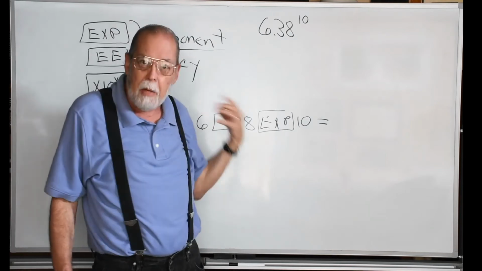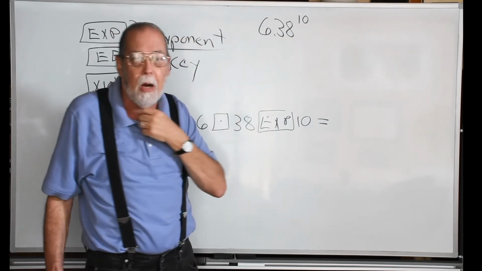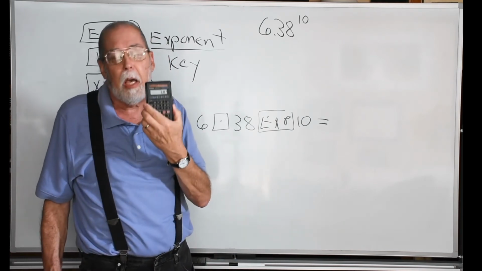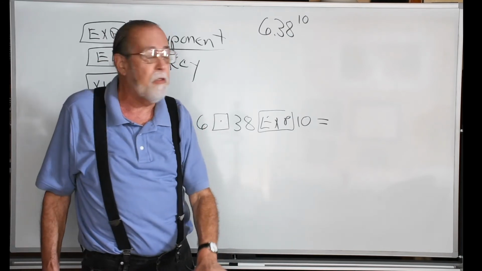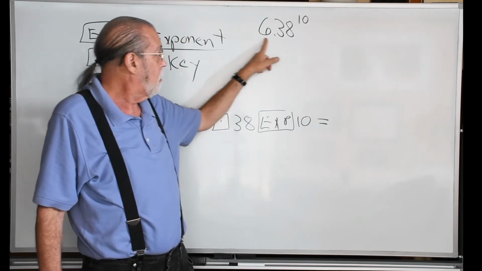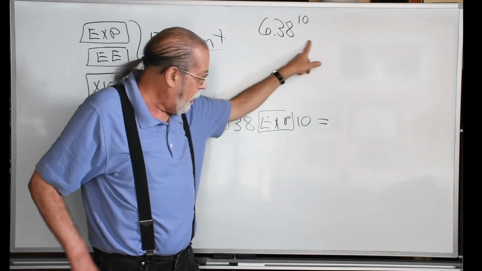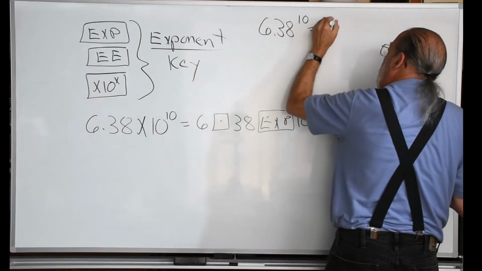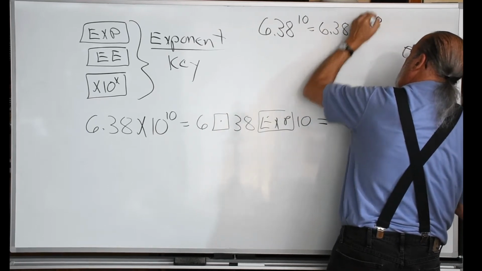That does not mean 6.38 to the 10th power, which is what it looks like. It is a cheap way of making a display for displaying the answer in scientific notation. I don't ever want to see this on a piece of paper. You must translate this onto paper to read 6.38 times 10 to the 10th.